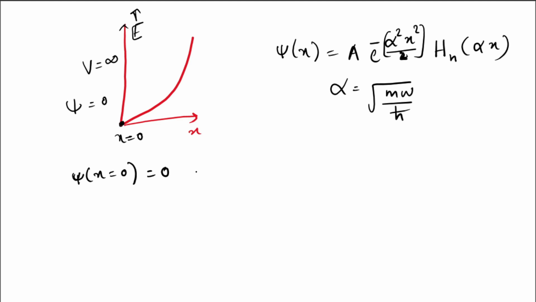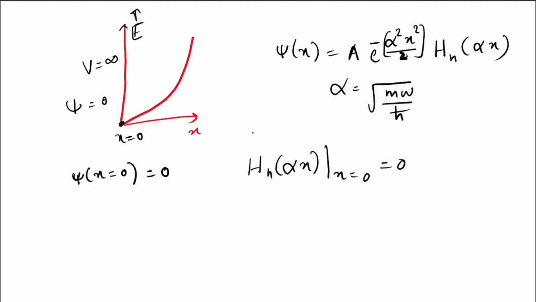For that, the Hermite polynomial Hn of alpha x at x equal to 0 should be equal to 0, right? Because psi of x at x equal to 0 is 0 only if Hn of alpha x is 0 at x equal to 0.